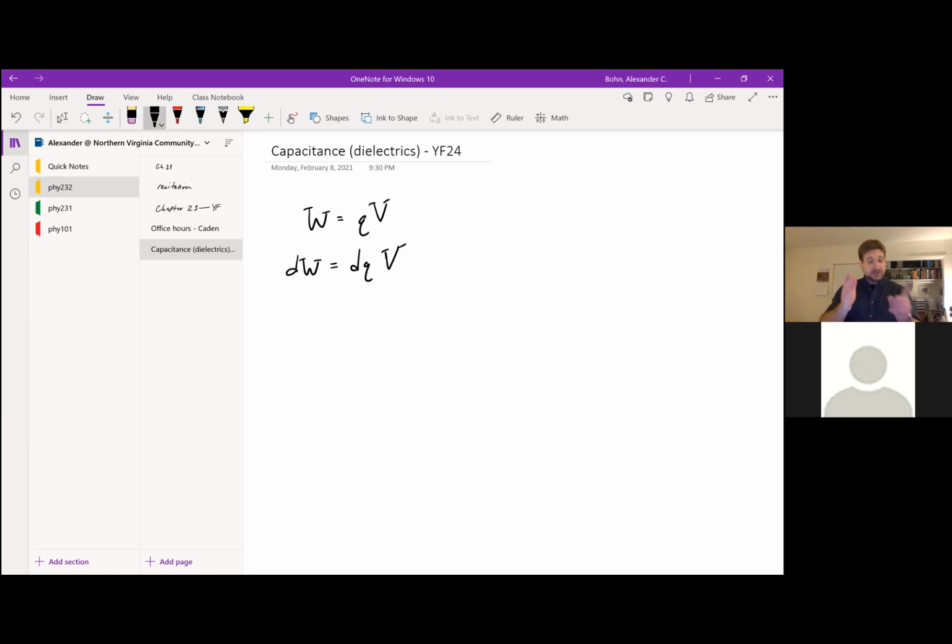But the potential difference from one side to the other of the capacitor arrangement depends on the charge. C is Q over V, so V is Q over C. Okay, dq, Q over C.